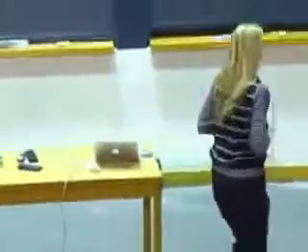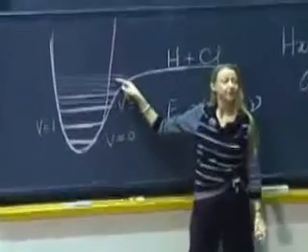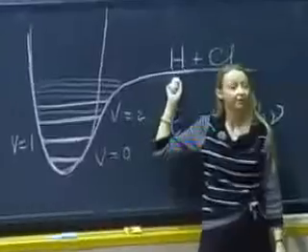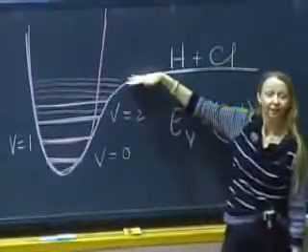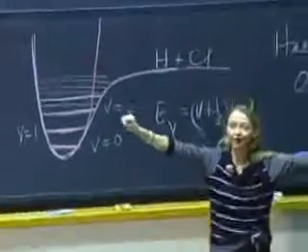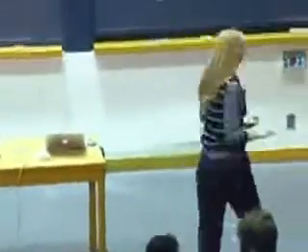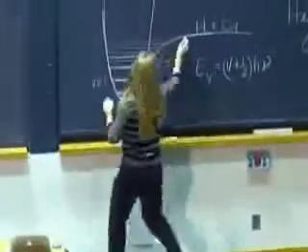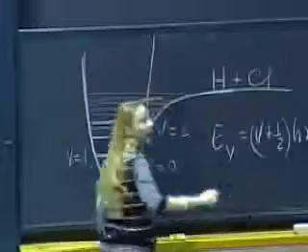Now, you can also put enough vibrational energy into the molecule to break a bond, right? When you get up to here, you can put enough vibrational energy into this hydrogen and the chlorine. As they oscillate out, they'll just keep going if you put enough energy. When they stretch, they'll just keep on their merry way.